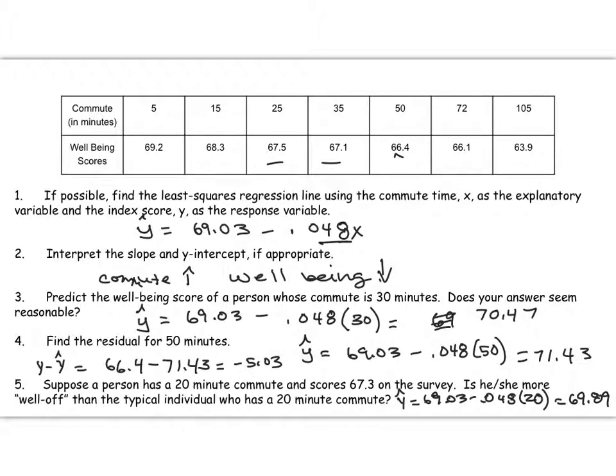So that is a higher well-being score than the 67.3. So I would say that we are not more well off. In fact, we're worse off.